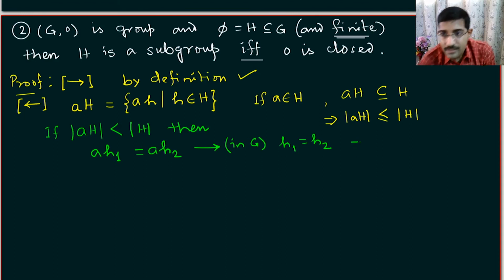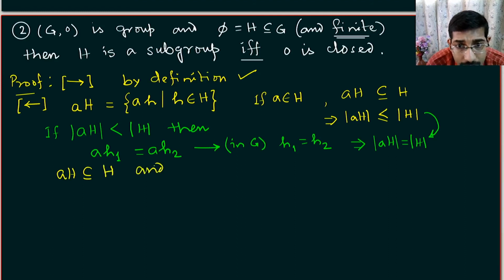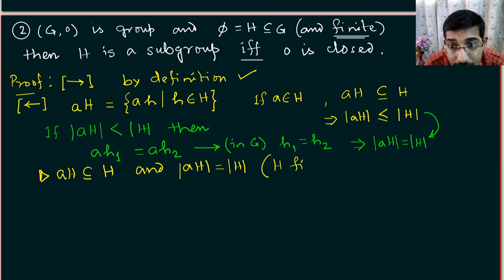From here you can only get one condition, that is aH equal to H. Now the killing argument is that I have the set aH, which is a subset of H, and I know that the number of elements is the same, with the assumption of H being finite.